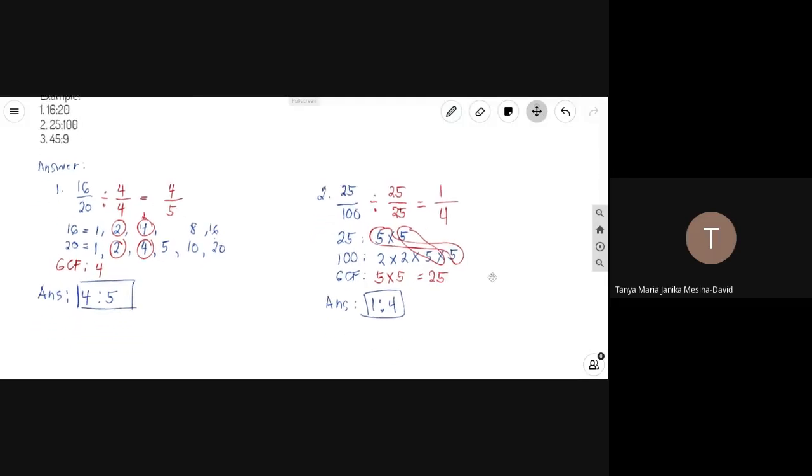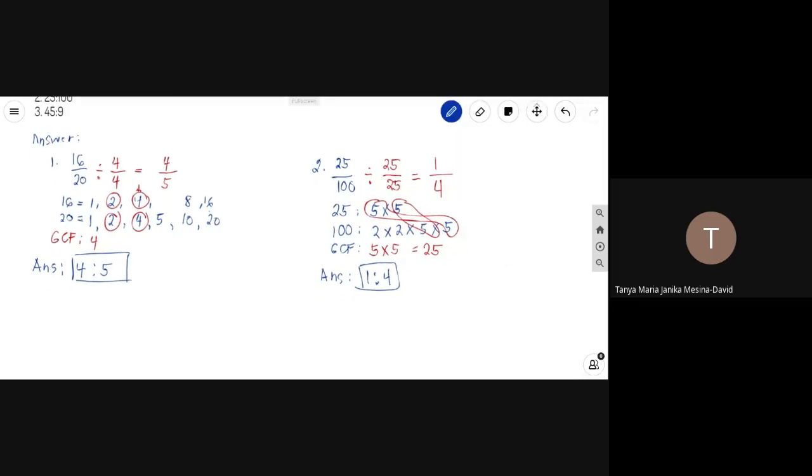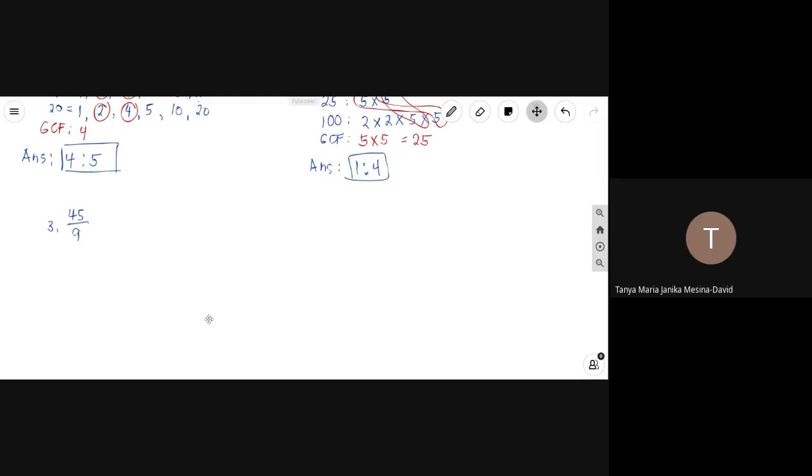So let's go to the third example. For this third example, I will use another technique of getting the GCF. First, let us write the ratio in fraction form, and then we get the GCF. For this one, I will use the continuous division method. I'll put 45 and 9 here. Then I will think of a prime number that divides both 45 and 9.